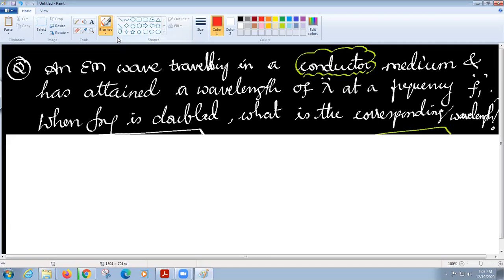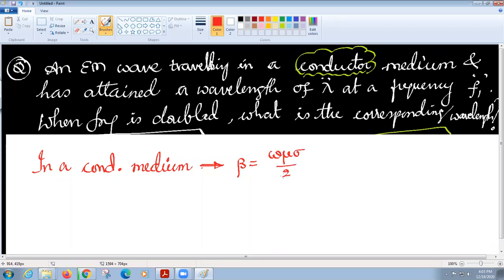Take a conductor medium. In a conductor medium, I can take whatever we proved a moment ago: beta is square root of omega mu sigma by 2. Now I know very well beta is equal to 2 pi over lambda, the phase constant. So 2 pi over lambda is equal to square root of omega mu sigma over 2.